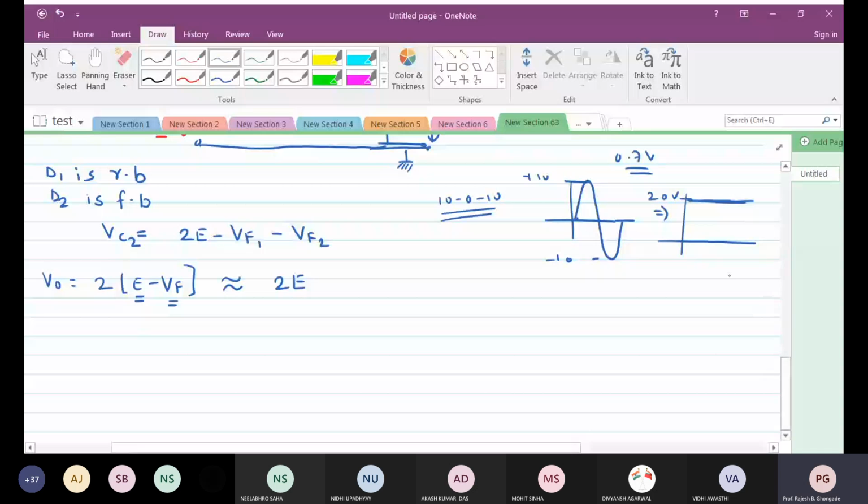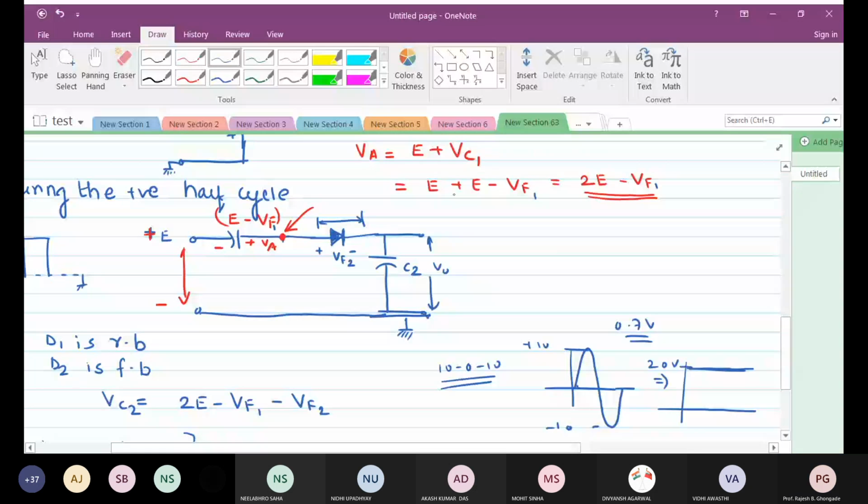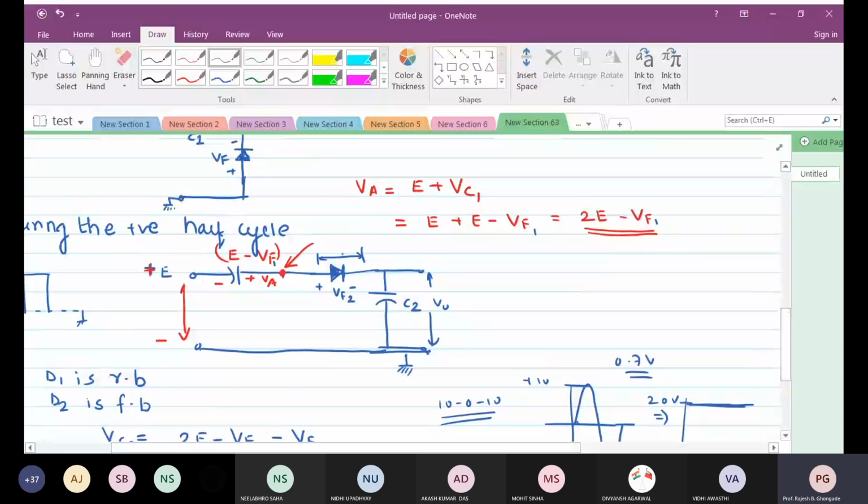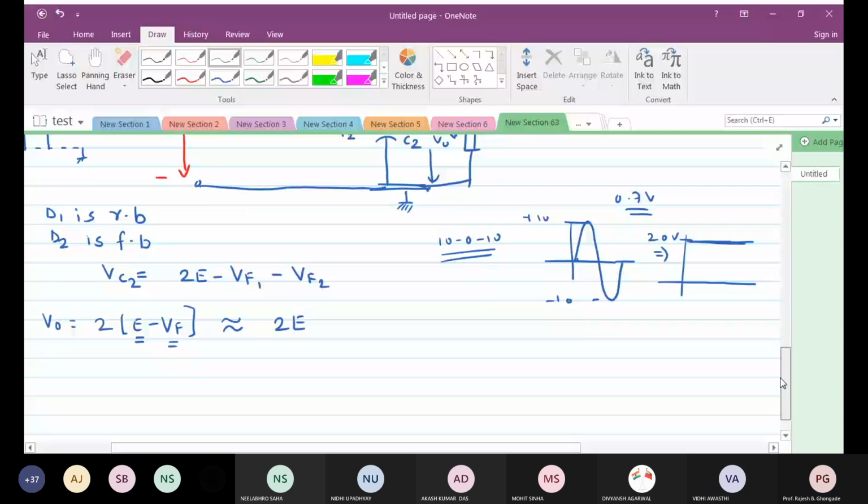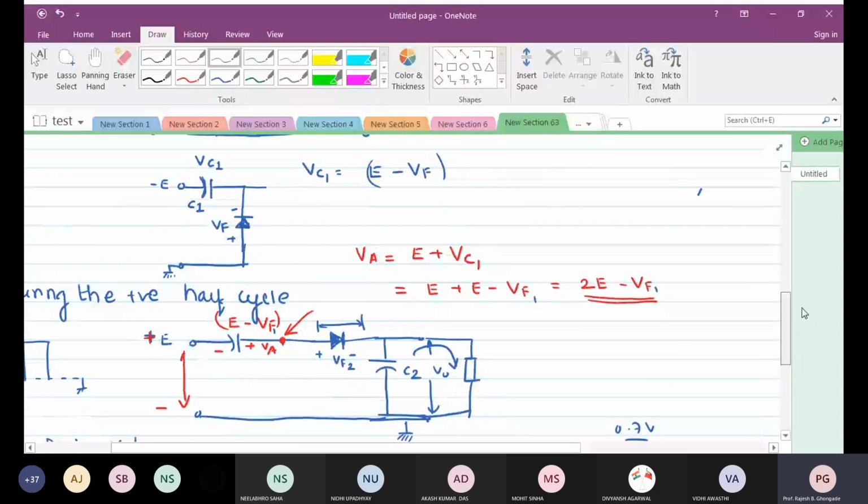But the problem here is that since it is a capacitive storage, we are storing the energy in the capacitor, and we already know that the capacitor will always discharge through the load. Whenever this diode is off, this capacitor C2 will discharge through the load. That is the reason why we may have some kind of a ripple at the output.